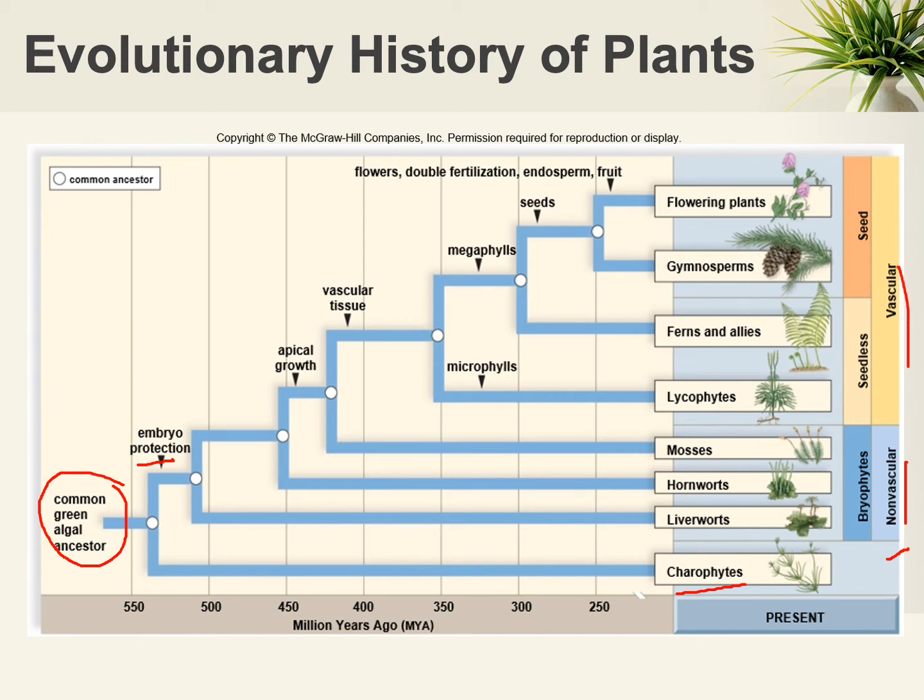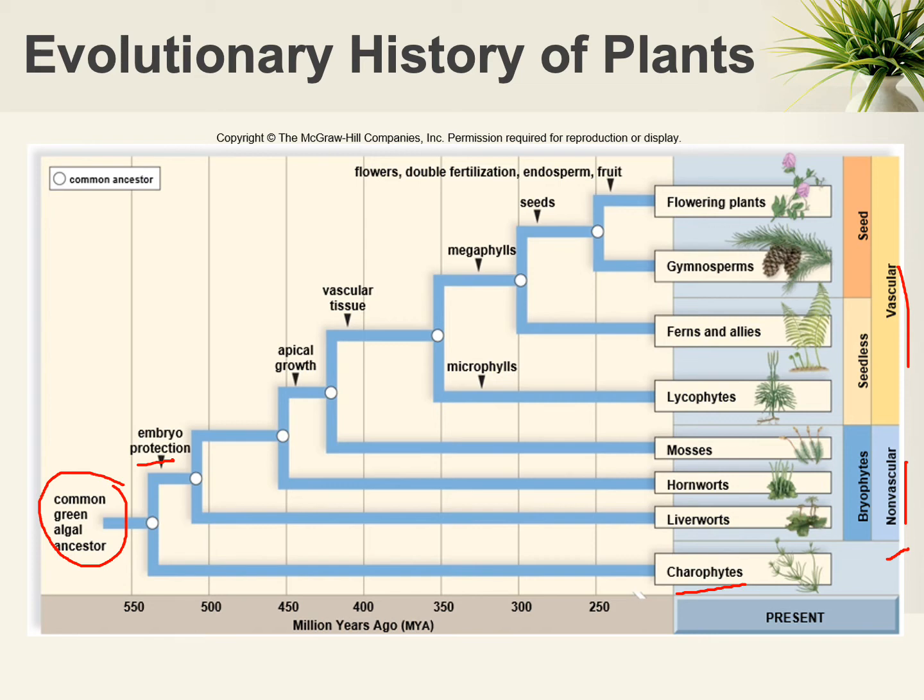So what is the difference between the non-vascular and the vascular plants? The main difference is that a vascular plant has vascular vessels to carry water and food to all the different parts of the plant.